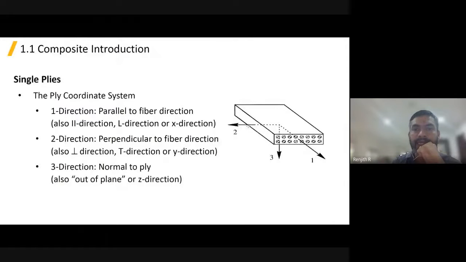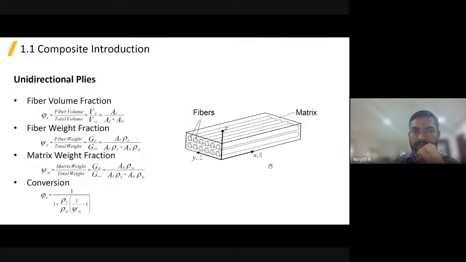The second and third directions will be perpendicular to the fiber direction, and most of the time the second direction will be parallel to the plane of the composite. So the third direction will be normal to the ply. If you are taking a transversely isotropic material, we will consider these two directions, 1 and 2, and ignore the third direction.